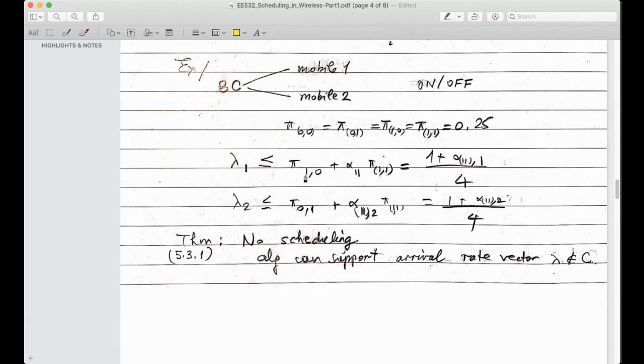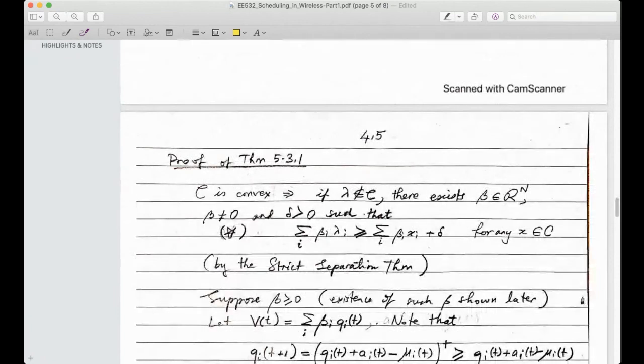Of course, user 1 will be scheduled. In state 01, of course, user 2 will be scheduled. So rates live inside this capacity region. Let's take a look at this capacity region.